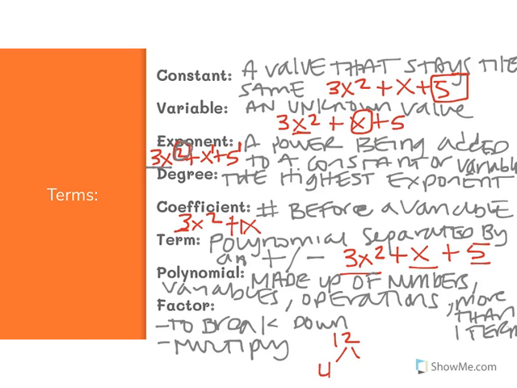So I'm trying to figure out all of the numbers that go into 12. So we have 4 and 3. We know that we have 1 and 12, we have 6 and 2, and so on. So 4, 3, 1, 12, 2, and 6. Those are all of our factors. So if we were to multiply these numbers back, we get right back to our solution of the 12. So 4 times 3 is 12, 1 times 12 is 12, and 2 times 6 is 12.